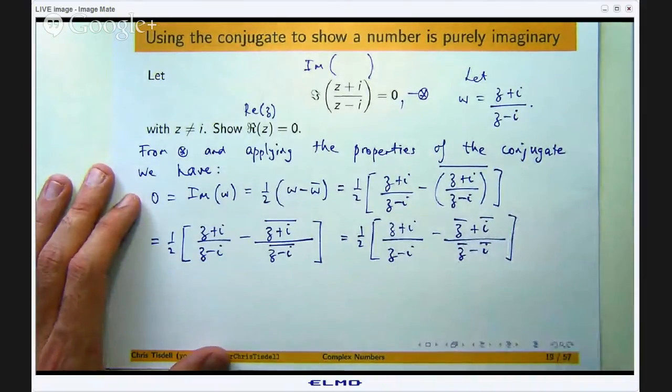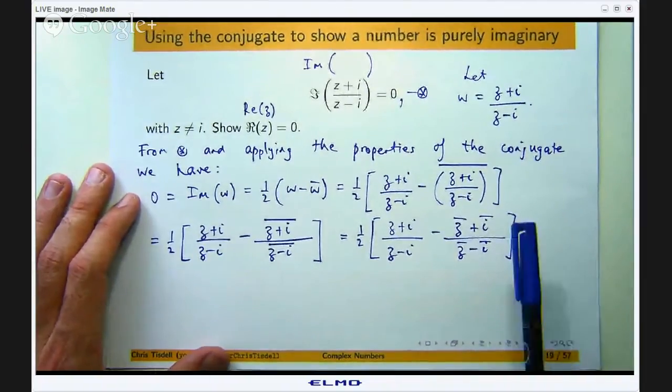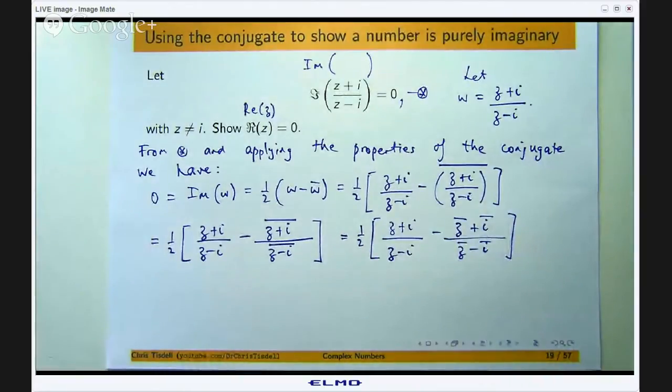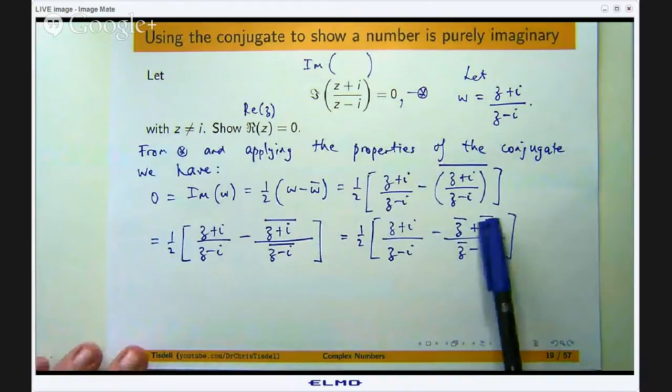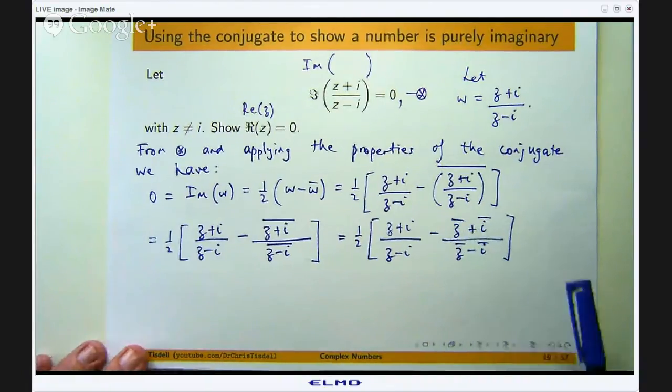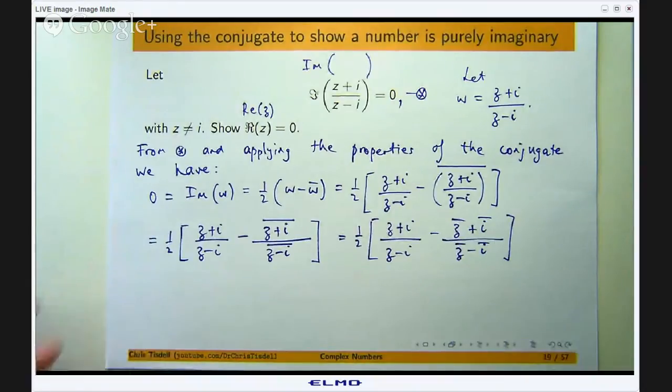Okay, so we can keep trying to simplify. What is the conjugate of i? The conjugate of i is negative i. And the conjugate of i again is negative i. So up here we're going to get z bar minus i, and down here we're going to get z bar plus i.